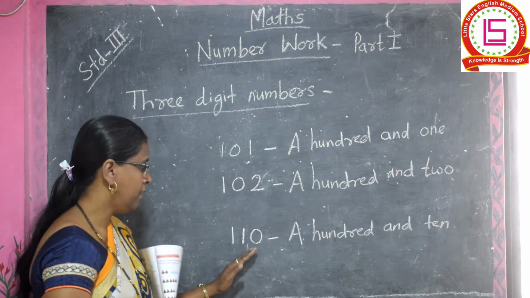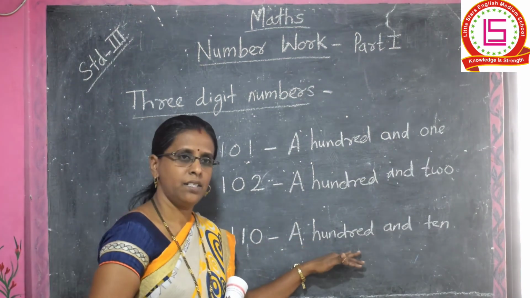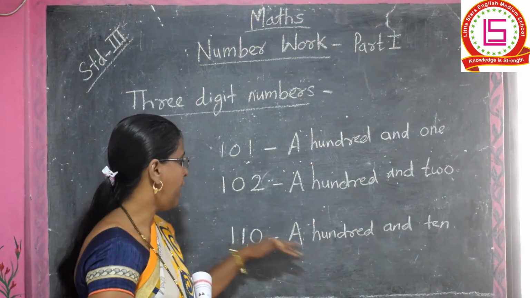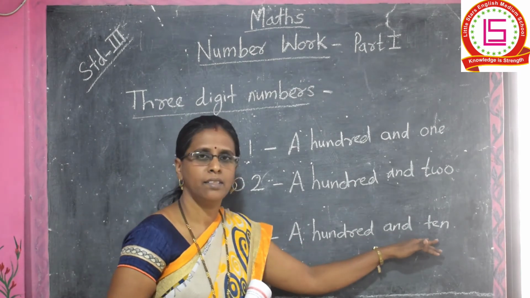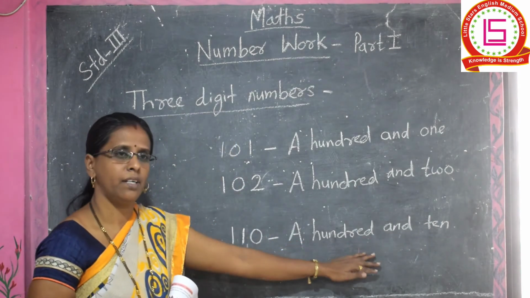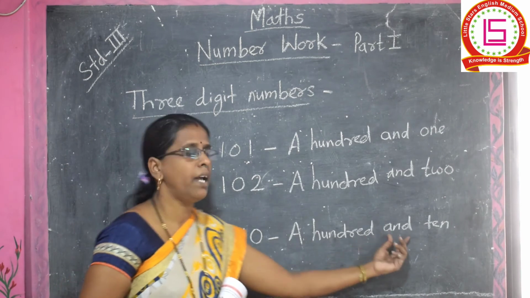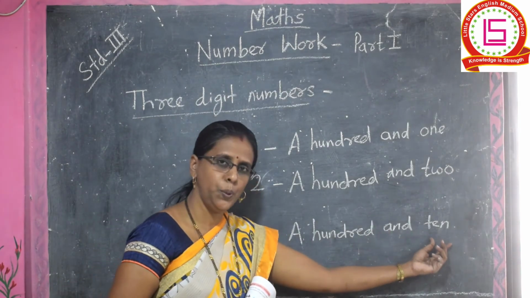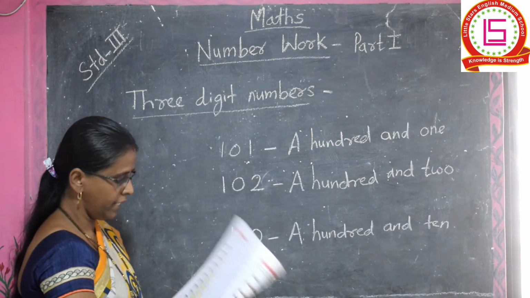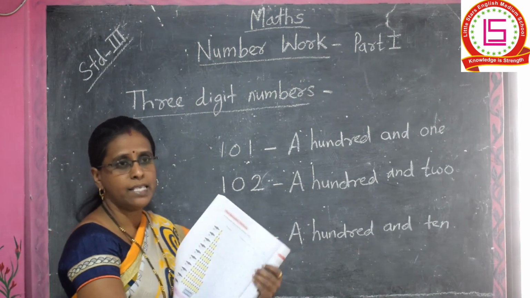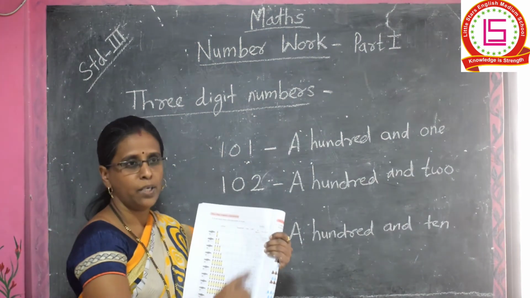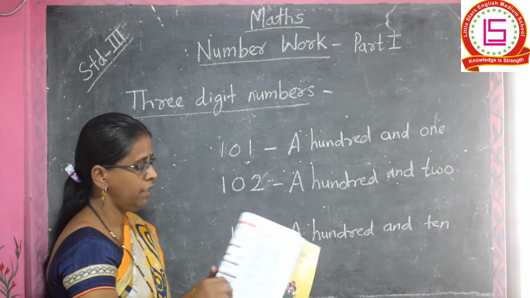You read and write. Read the number first and write in that way: first the 100s number, then tens, and then unit. Like this, you complete this table at home. Then see the next.